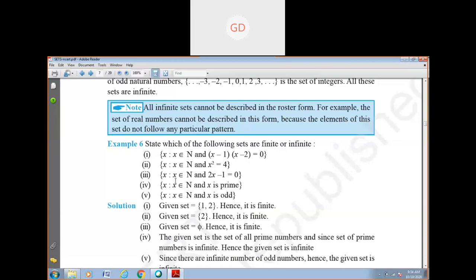Third one: x belongs to N, x is natural, and 2x minus 1 is equal to 0. From the first condition, we can understand that x represents only a natural number.